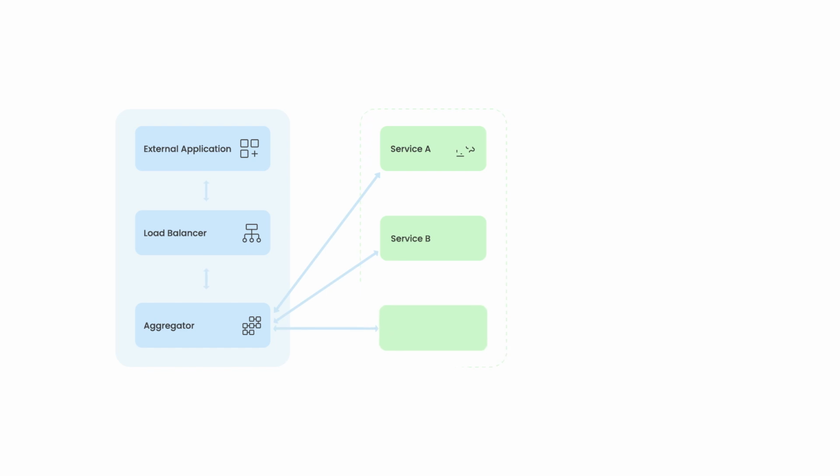Now think of the aggregator pattern as a waiter. When a client makes a request, instead of reaching out to every microservice individually, it goes to the aggregator. The aggregator then communicates with all the necessary microservices, gathers responses, combines them, and sends back a single organized, unified response to the client.